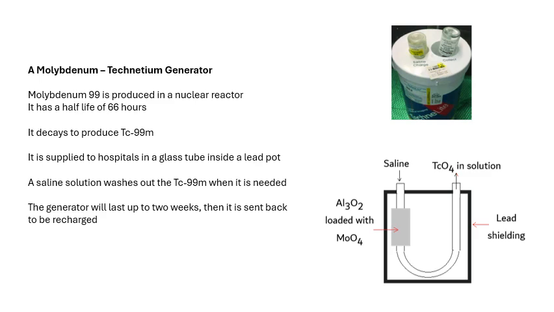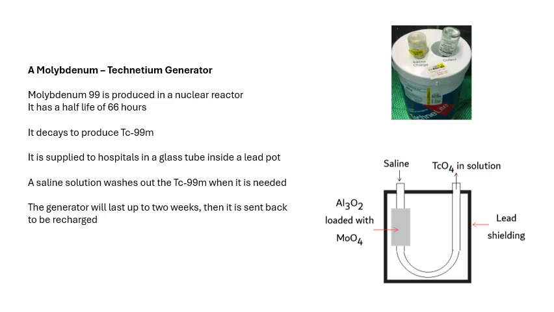Hospitals will have one of these things, a molybdenum-technetium generator. So basically, the molybdenum-99 is produced in a nuclear reactor, and it has a half-life of 66 hours, and it decays to produce your technetium-99. So you have this generator, and looking inside, there's this aluminium oxide, which has got your molybdenum oxide in it.